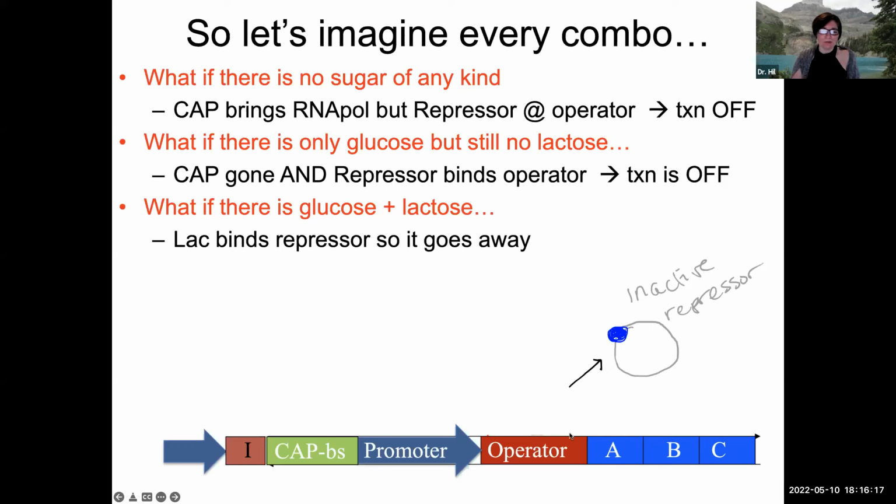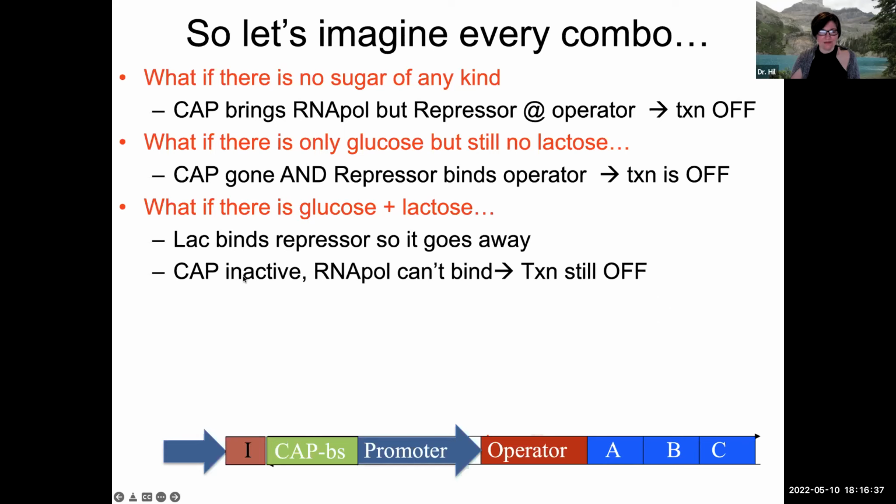Okay, so even though the repressor is gone, we don't actually have any RNA polymerase. So did we achieve our goal? We managed to avoid making these enzymes prematurely. Yeah, good. CAP's not active, RNA polymerase therefore cannot bind, transcription is still not happening.